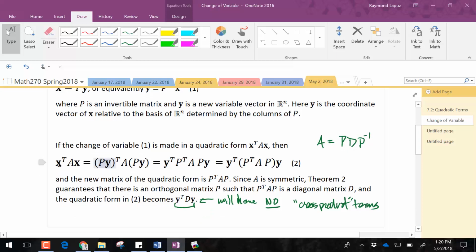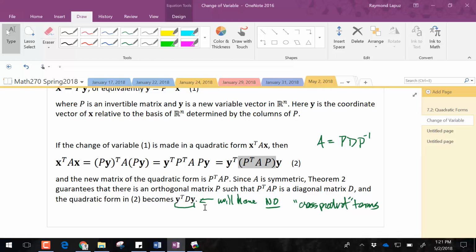Well, no, our quadratic form X transpose AX will become Y transpose DY, because our D is equal to this. The fact that D is a diagonal matrix means that we're not going to have any more cross product terms.